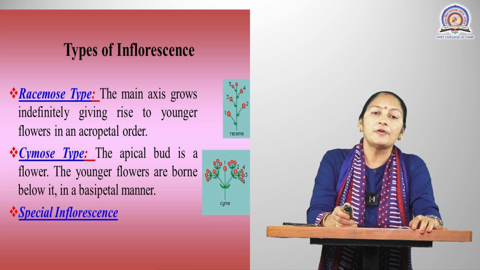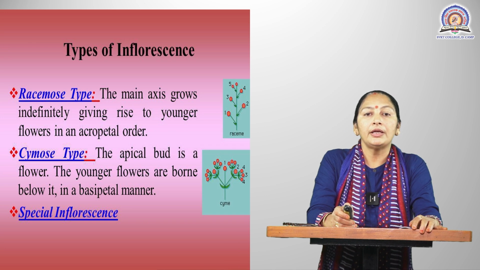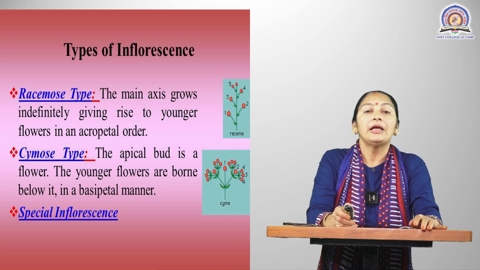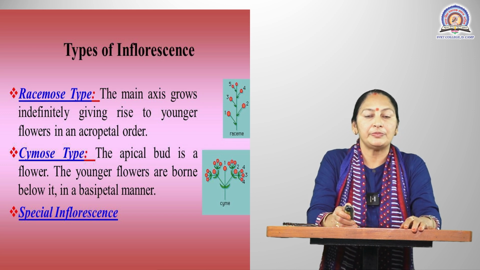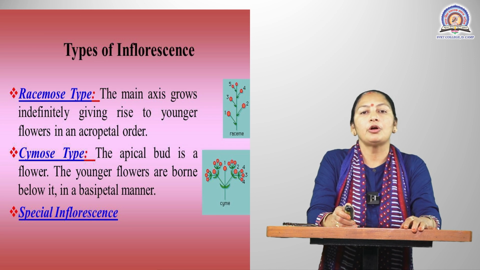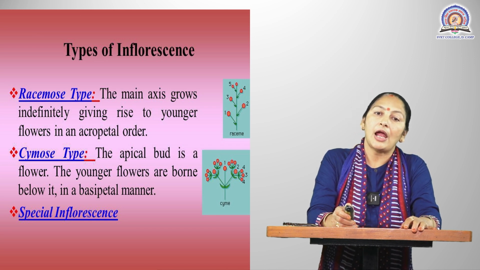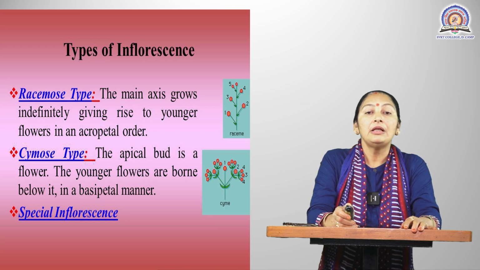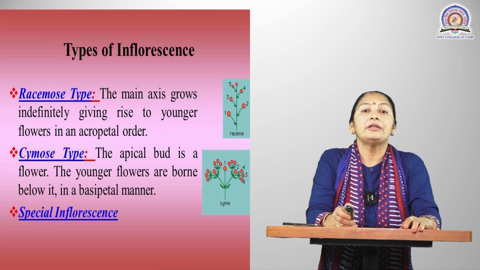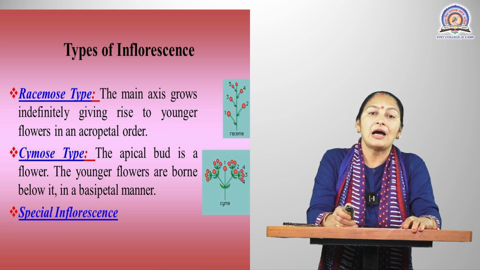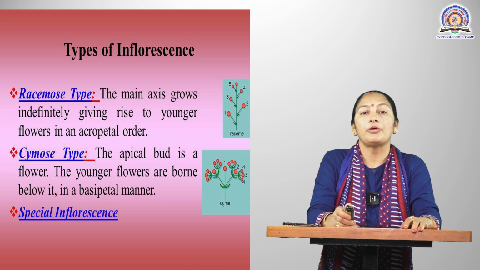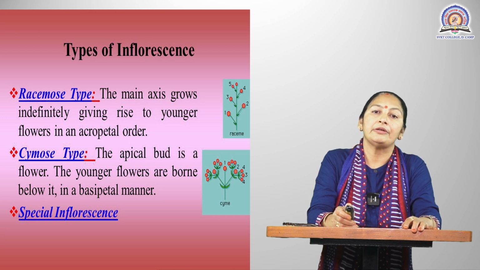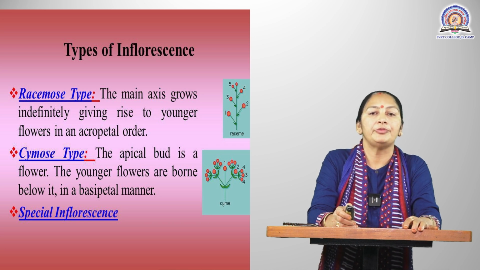Acropetal succession, or arrangement in acropetal order on a floral axis, means that the younger flowers arise on the apex side and the older flowers are arranged on the basal side. I repeat again: acropetal succession means the older flowers are set on the basal side, and the younger flowers or buds are arranged on the apex side, the upper side of the floral axis.